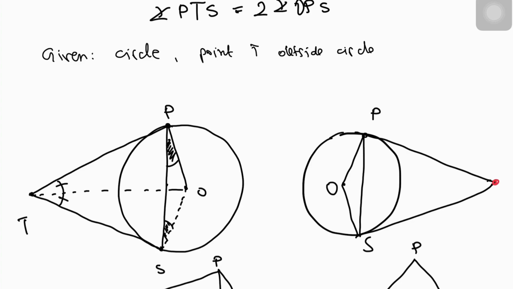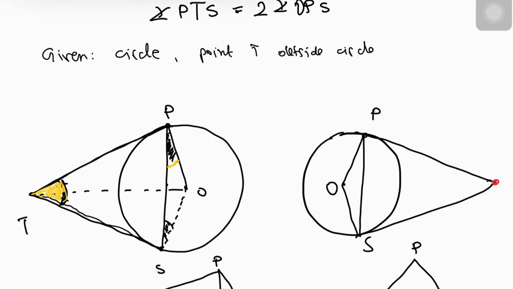And what we want to prove is that the angle PTS, so that's this angle here, is 2 times OPS, which is the angle here. So we are looking at the relation between these two angles.